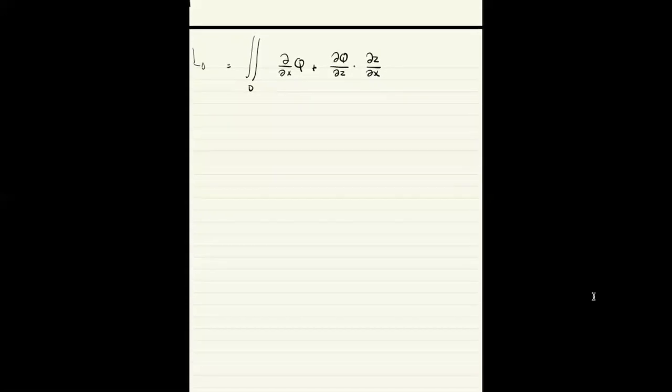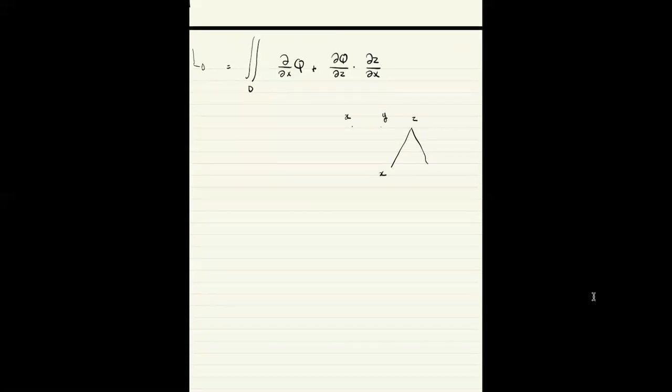Remember the chain rule, right? You have x, you have y, and you have z, and z is a function of x and y. If you want the partial derivative with respect to x, you have to take this into account.